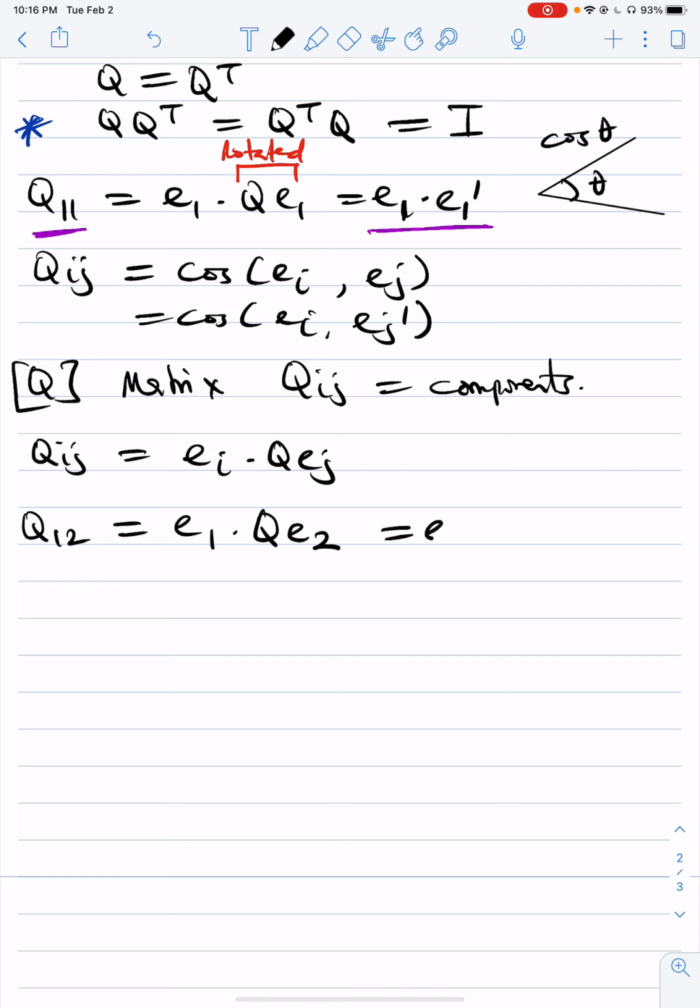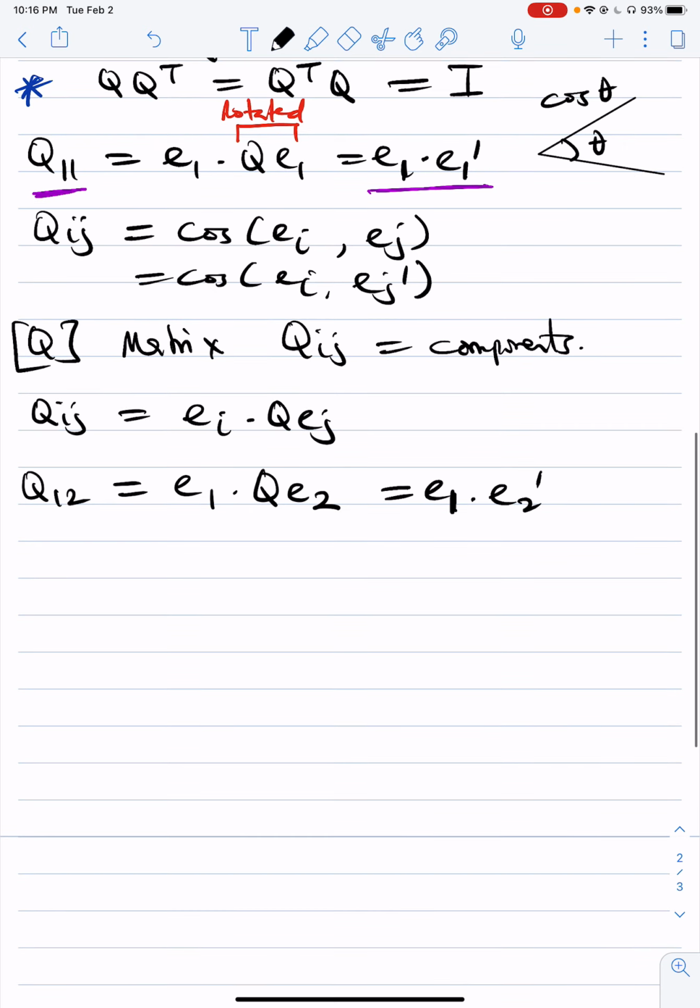And this is equal to E1 dot QE2, which will give you E2 prime, because Q has acted on E2 and rotated it. So this is simply the angle between, let's assume this is E1 and this is E2 prime, and the cos of that angle is what is Q12.